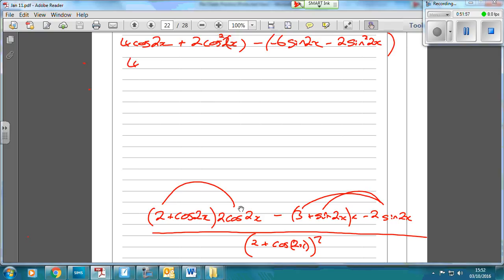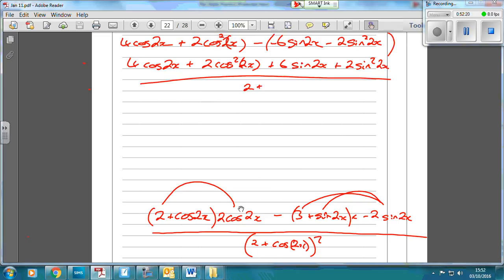So if we bring that out, 4 cos 2x plus 2 cos squared 2x plus 6 sine 2x plus 2 sine squared 2x all over 2 plus cos 2x all squared.